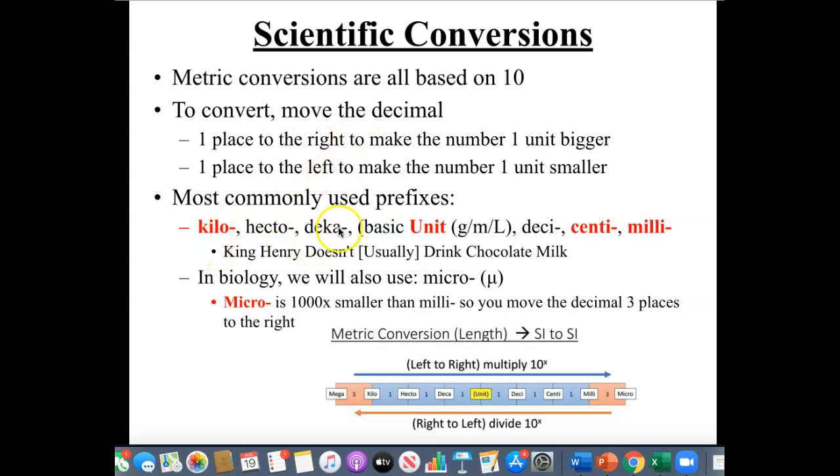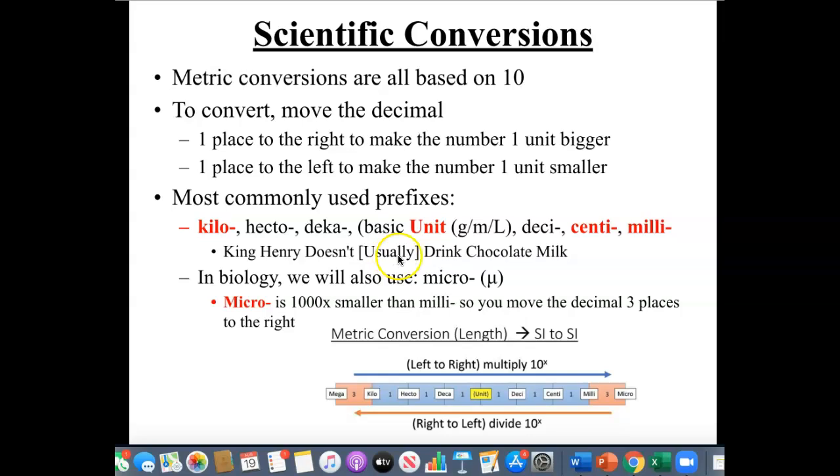So here are the most common prefixes that go before whatever unit you're measuring. Let's say we were using grams as our basic unit. It could be kilograms, hectograms, decagrams, grams, decigrams, centigrams, milligrams. And so you're going to need to remember the order of these units. There are little sayings to help you do that. Here's one.